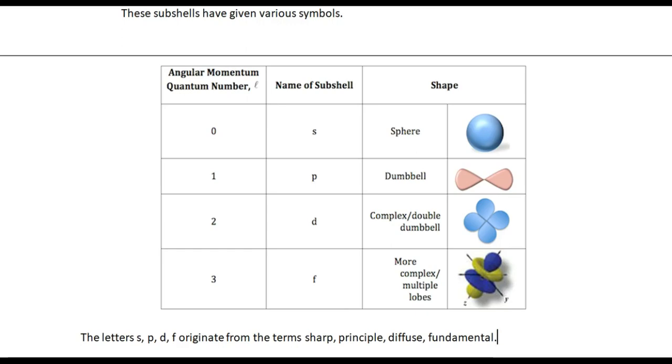For the first subshell, the name is p and the shape is dumbbell shaped. For the second, it's d and it's complex, double dumbbell. And for three, it's f and more complex, with multiple lobes. These letters s, p, d, f originate from the terms sharp, principal, diffuse, fundamental. They are really important.